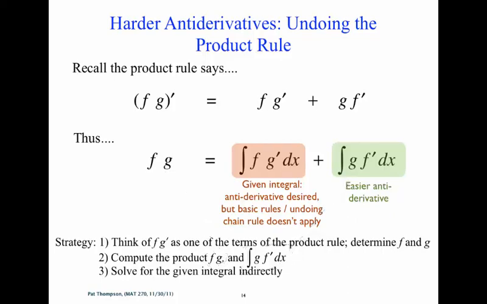So we're going to do it indirectly. The one that we want is going to be fg minus the integral of the other term of the product rule. So we never directly do the antiderivative of the one we're given. We find f and g, and we find this other integral, and by subtracting those, it'll equal the one that we were trying to find.